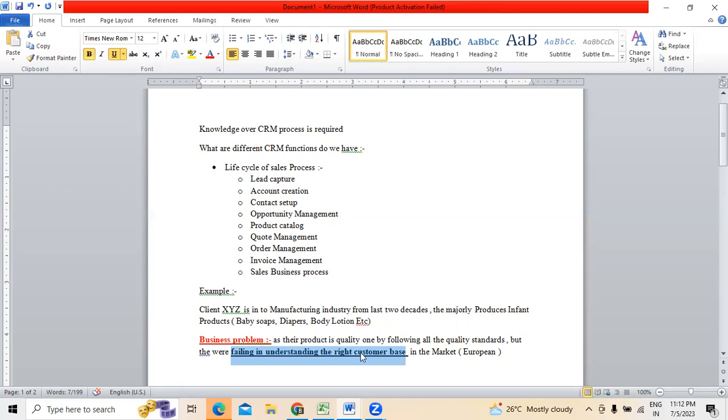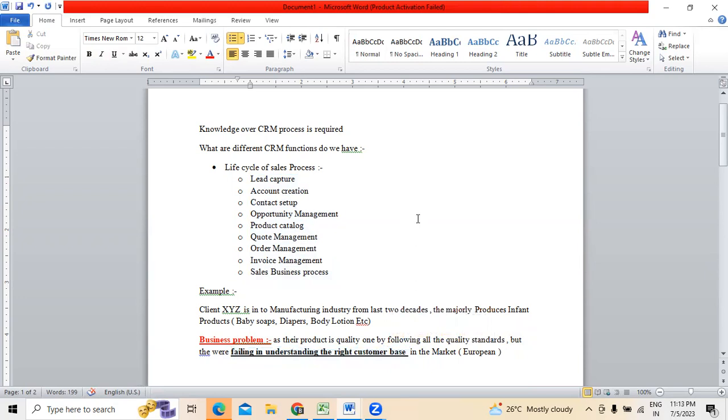Now, being a BA, your job is to provide a solution for the problem they are facing. My question to you is, if you are a business analyst, among all these sales processes, which point or which process is relating to this business problem?